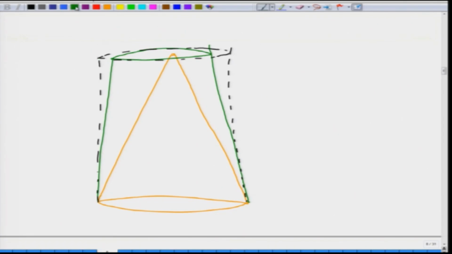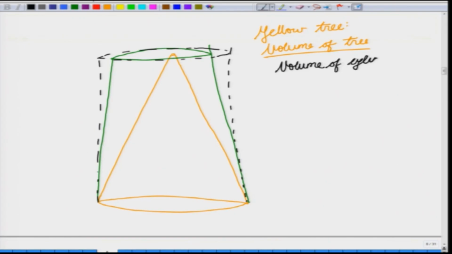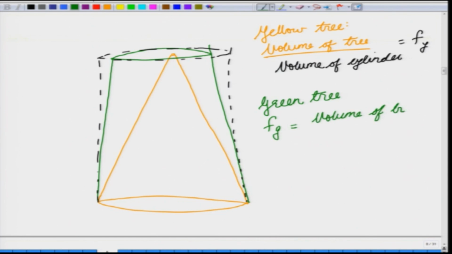So, in the case of the yellow tree, the volume of tree divided by the volume of cylinder, let us say this is F for the yellow tree, and in the case of the green tree, the F for the green tree is given by the volume of tree divided by the volume of cylinder.